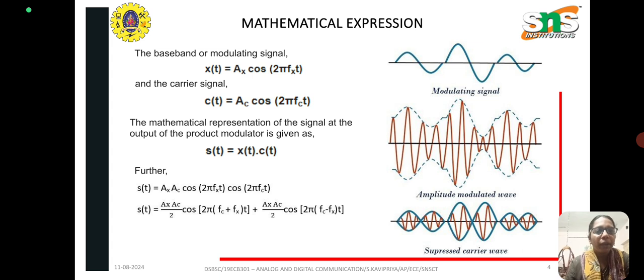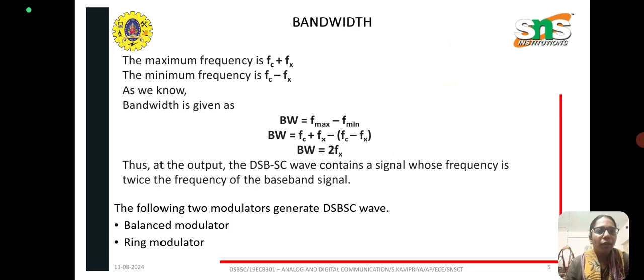The output will have Ax Ac by 2 cos of 2 pi (fc plus fx) t, plus Ac Ax divided by 2 cos of 2 pi (fc minus fx) t. So the maximum frequency is fc plus fx and the minimum frequency is fc minus fx.